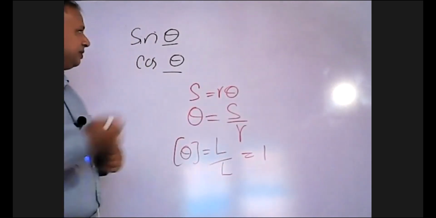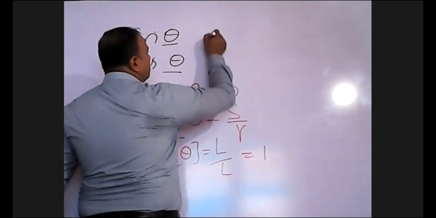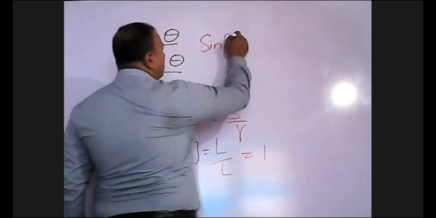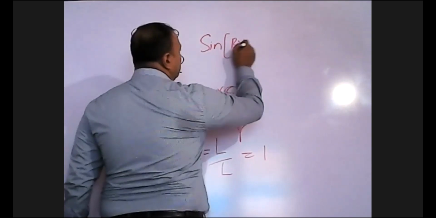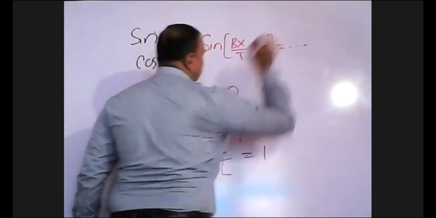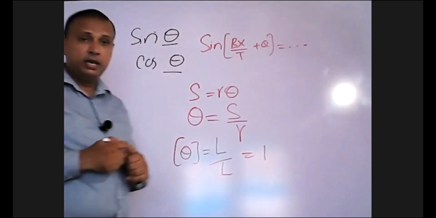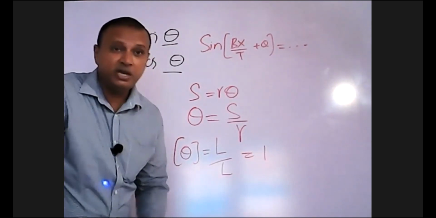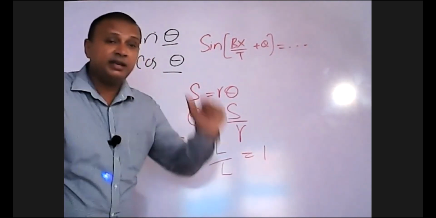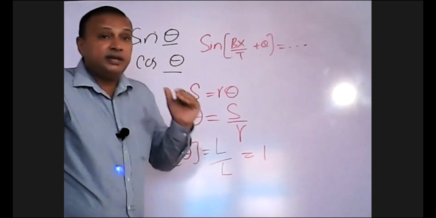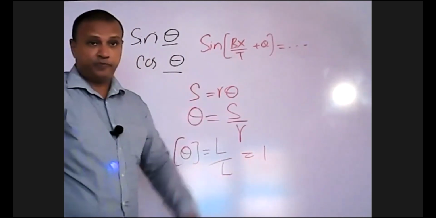Suppose you are given this kind of expression: Vx over t plus q is equal to something like that, and you are asked to find the physical quantity represented by q.